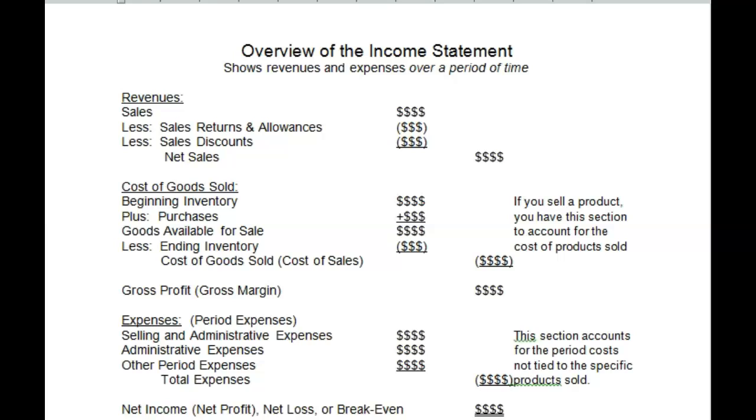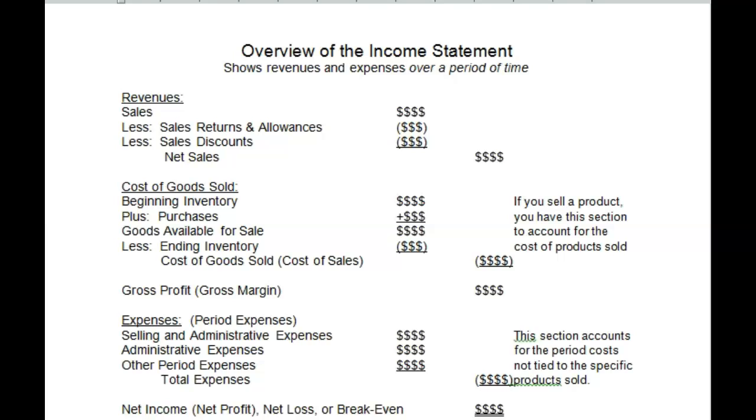And there are two things that can happen to the inventory that we have to sell. It either gets sold or it's still here. So we subtract out what's still here, the ending inventory, and that gives us the cost of what got sold.